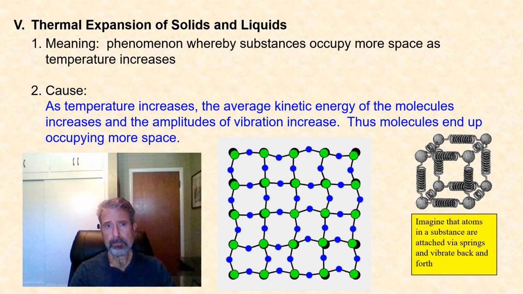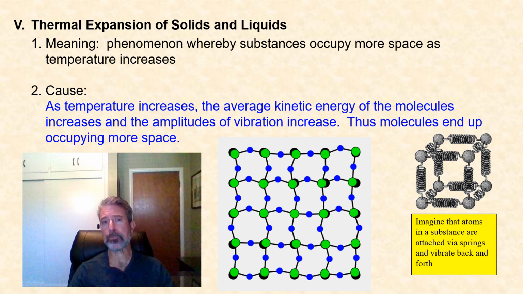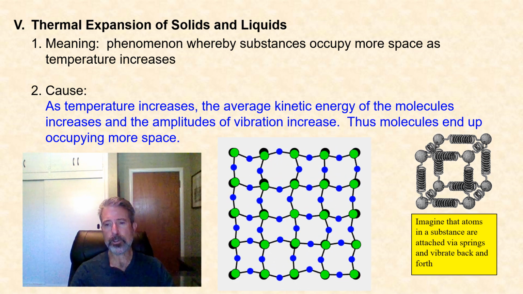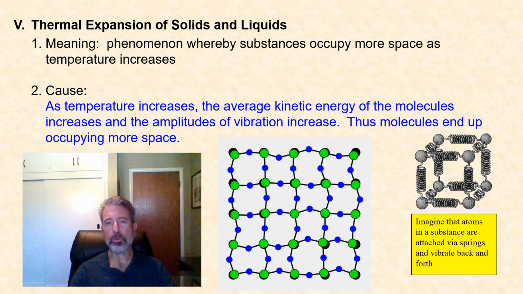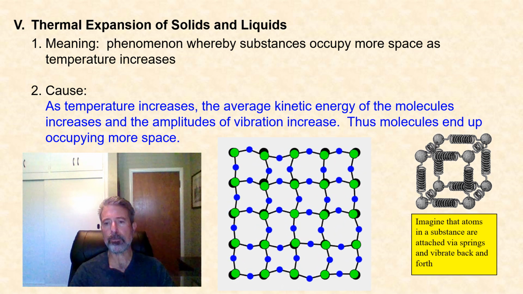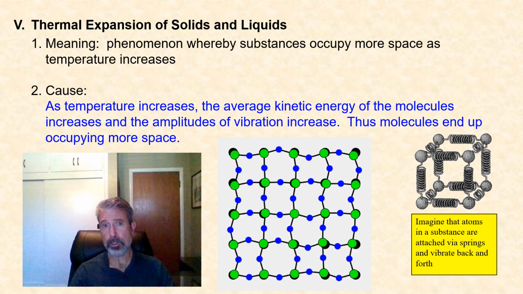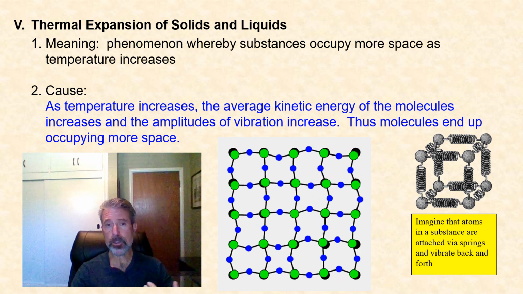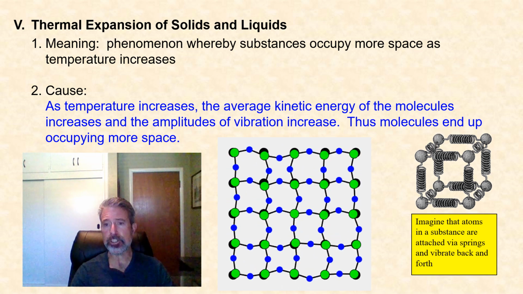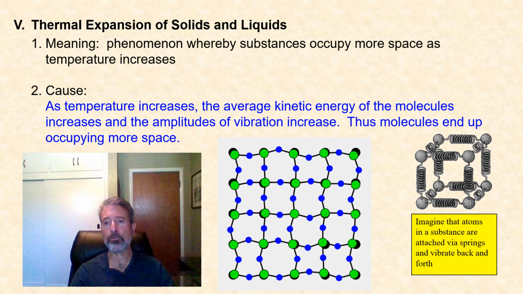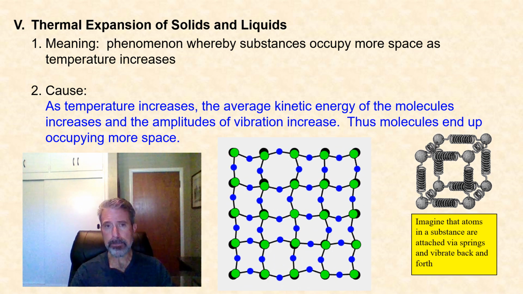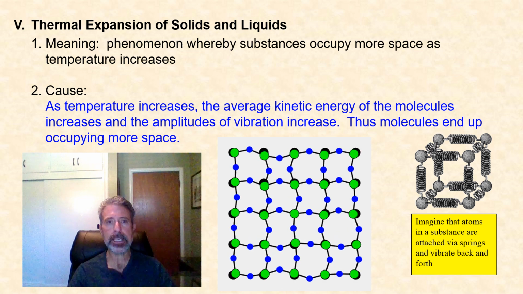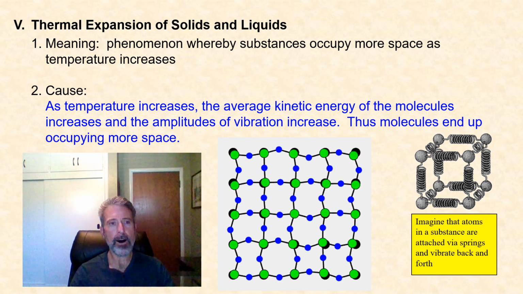So while the actual amplitude of vibration of any individual particle is complicated by this three-dimensional motion rather than one-dimensional motion, hopefully you can still at least agree that the amplitude of vibration is going to increase as these particles gain kinetic energy, as they gain speed, as they move faster. Their amplitude of vibration will increase, which will result in the fact that they will end up taking up more space.